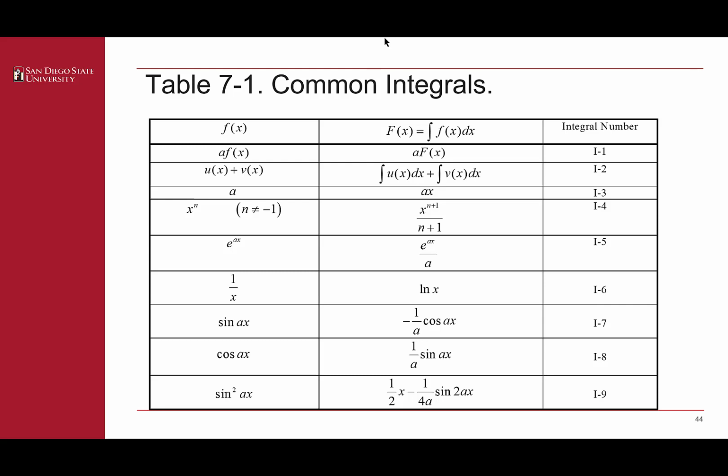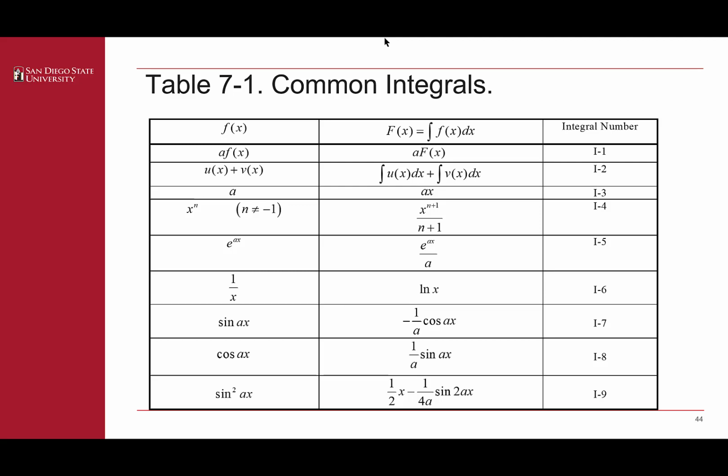And here there is a tricky one. Unlike the derivatives, the integral of a constant number is not zero or is not itself. So the integral of a constant number a is ax, a times x.